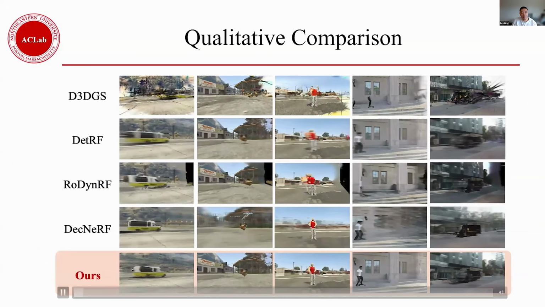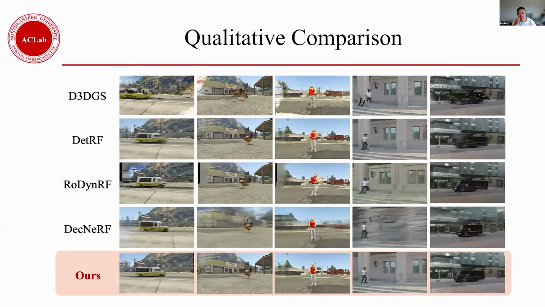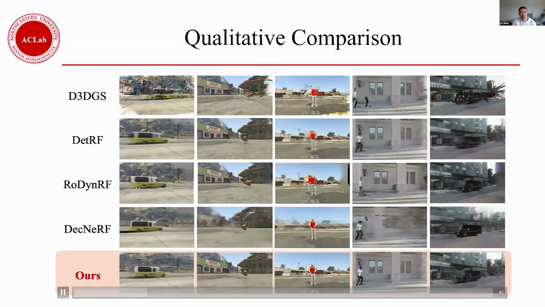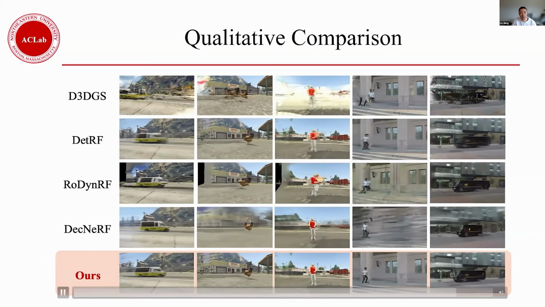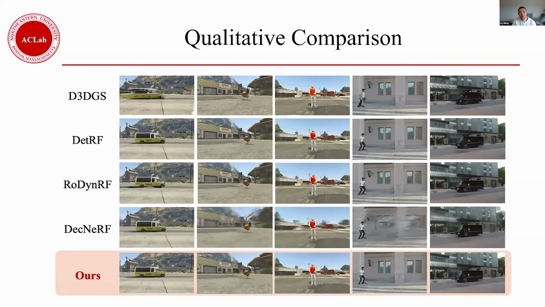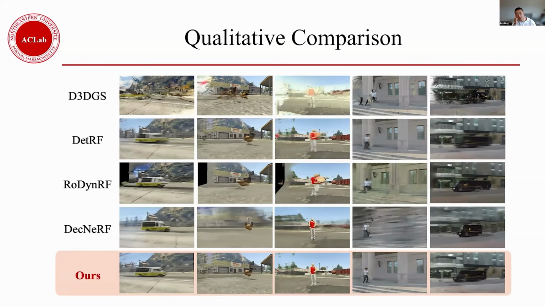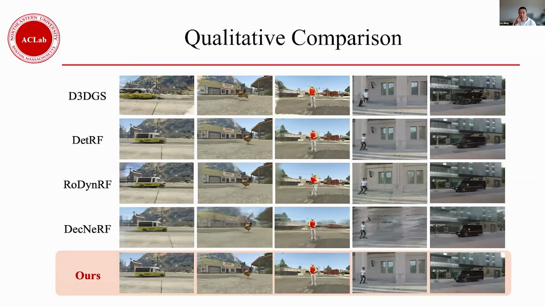And this is rotating. The first three columns are our SynDM dataset, the GTA 5 dataset, and the right two columns are from the NVIDIA dynamic datasets.